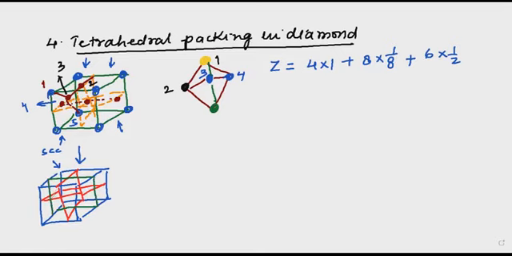Now first of all you see that FCC. 1, 2, 3, 4, and a back side 5, and a lower side 6. So this is a FCC. This is, you see that, SCC. Then you see that this is a FCC.